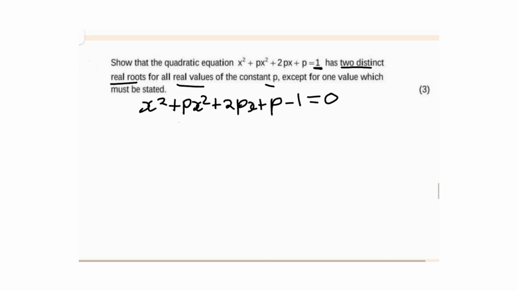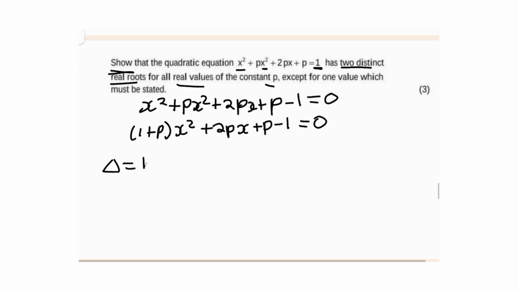And then I have two x's that have the exponent 2, so I can write it as (1 plus p)x squared plus 2px plus p minus 1 equals 0. Because we want to show, remember, delta is equal to b squared minus 4ac.